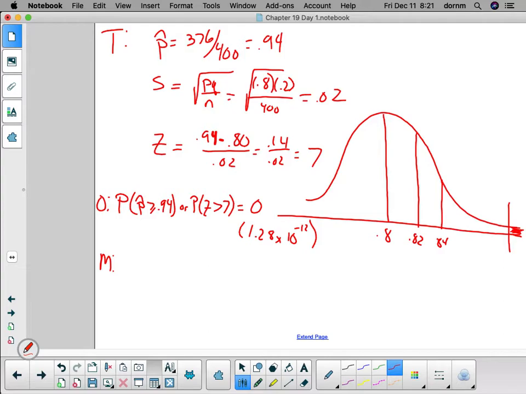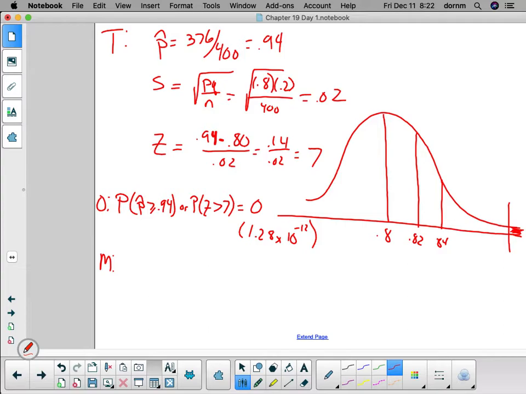The null is nothing interesting is happening. This is an expected situation. Are we going to reject that assertion that nothing interesting is happening here? Oh yeah, we're going to reject that. We got lots of evidence. Something interesting is really happening here. So we are rejecting the null.